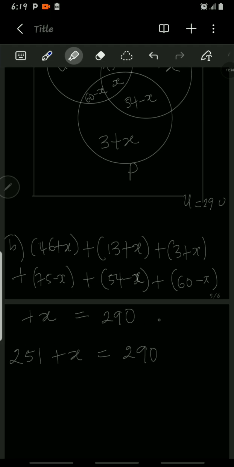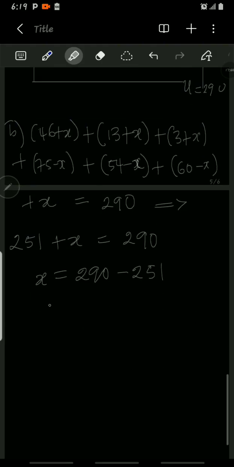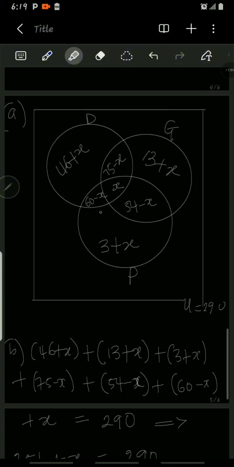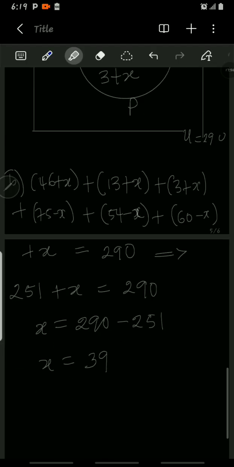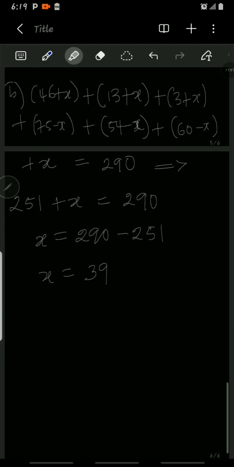So we'll carry this over. x will be equal to 290 minus 251, so x will be equal to 39. That means the people that read all three are 39, and we've answered question 2.